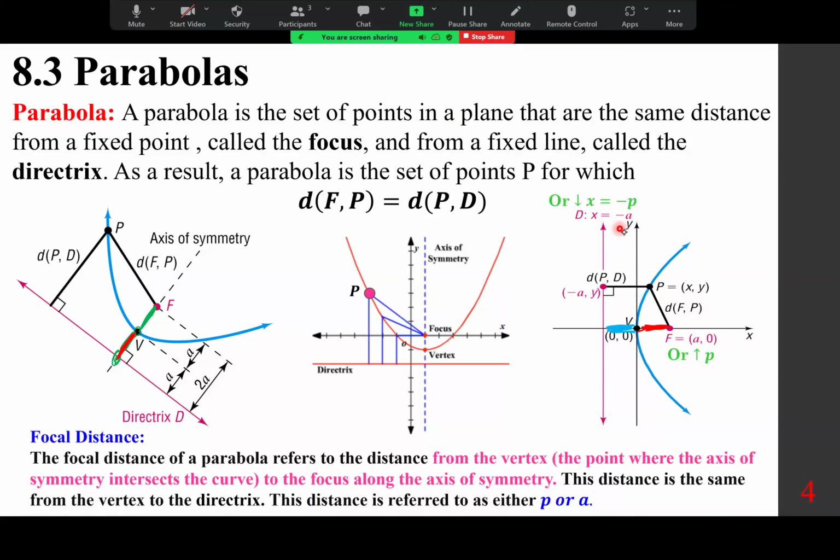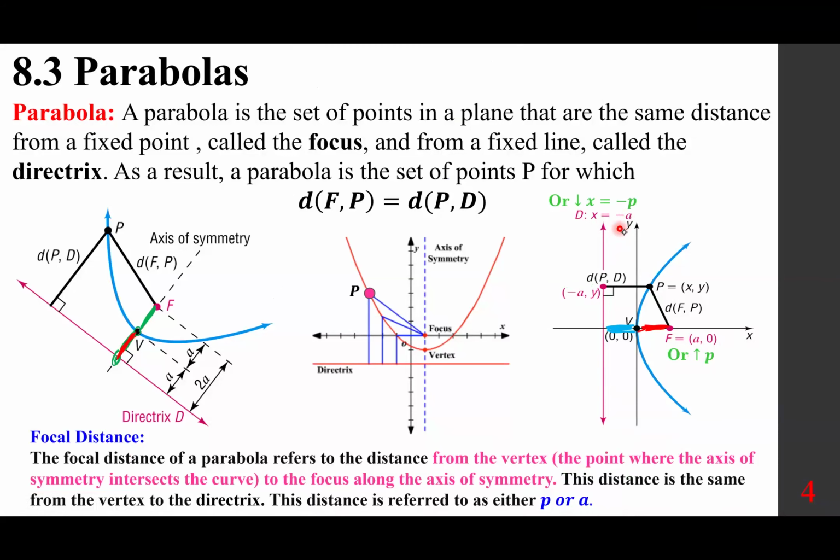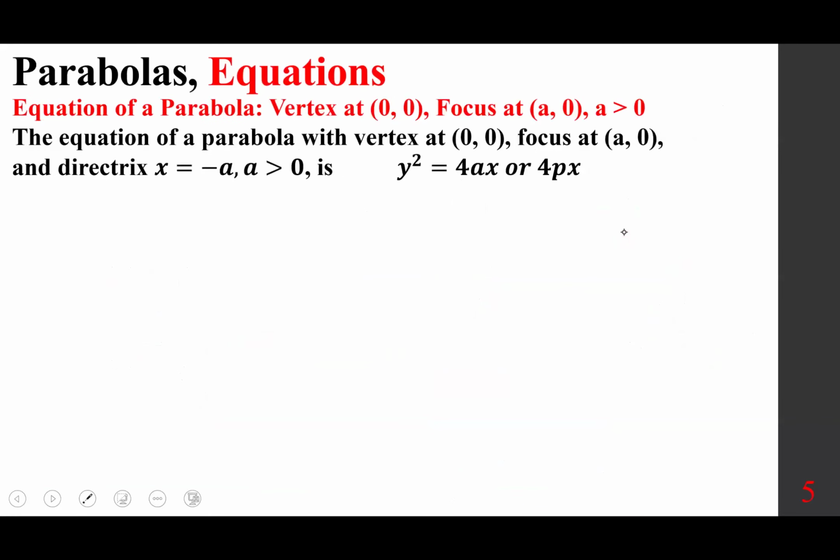Why do I go with P? Because as you recall, in intermediate algebra, in elementary algebra, when we were discussing parabolas, A represents the coefficient of a second degree term. And so let's discuss the equations.